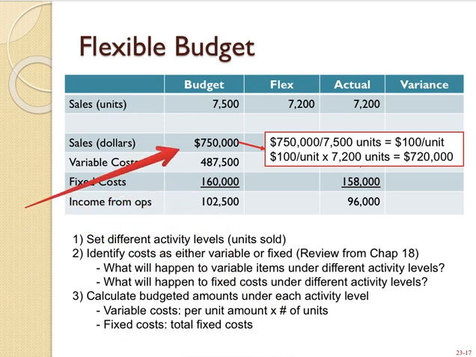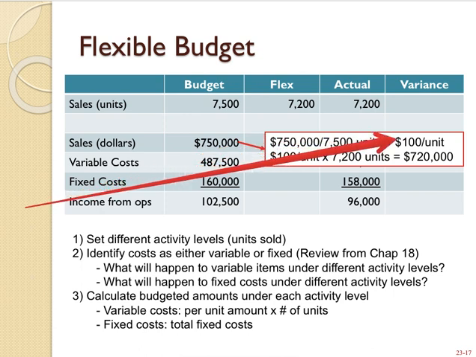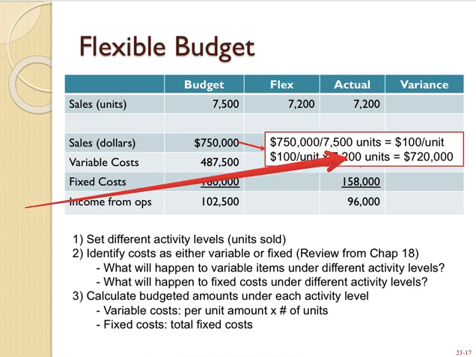So that's what we did here. For sales dollars, because that's variable, the more you sell, the more units, the more sales dollars you're going to have. We first have to figure out the per unit amount. So we take the budgeted amount divided by the number of units, which is 7,500 units, and we get a per unit amount of $100 per unit. Then we take the $100 per unit, multiply that by the actual number of units, and that gets us 720,000.